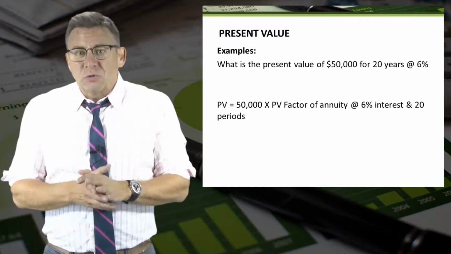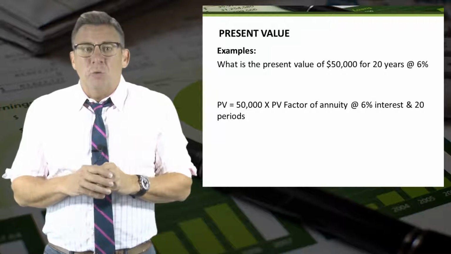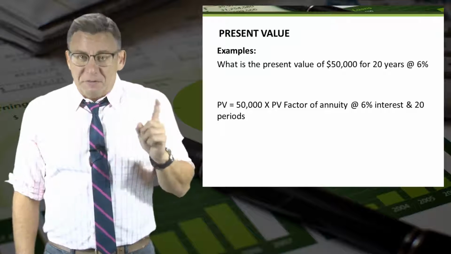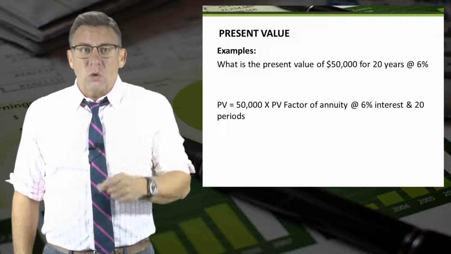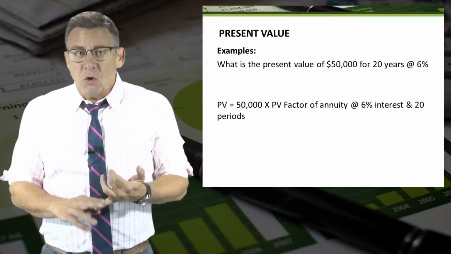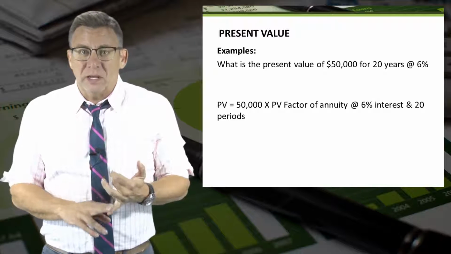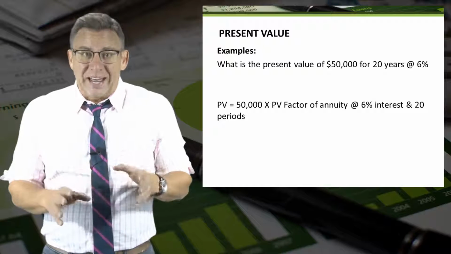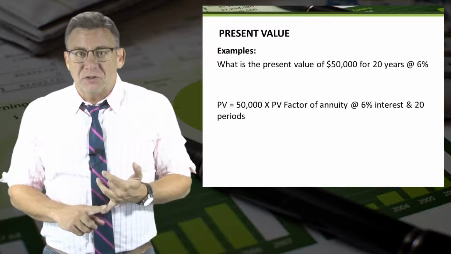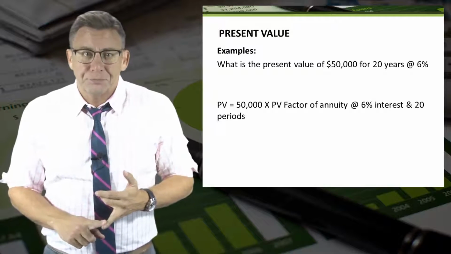Let's do one more example with the table, only this time we'll use the annuity table. What is the present value of $50,000 for 20 years at 6% interest? The formula for present value equals $50,000 times the present value factor of an annuity at 6% interest and 20 periods.